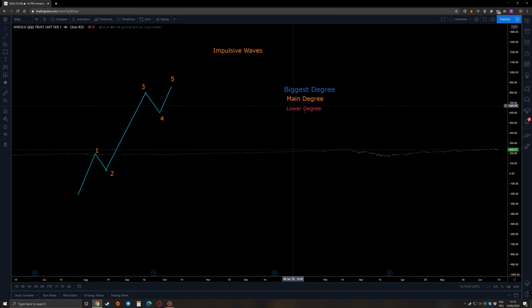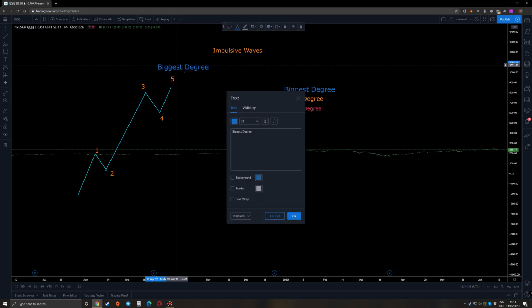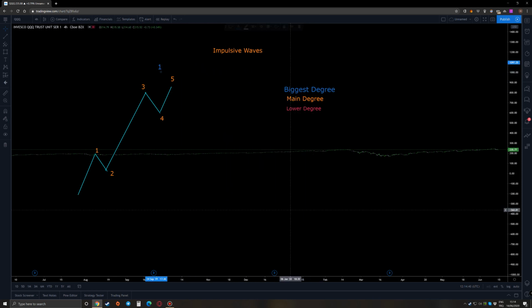So, if this is our main degree here, then 1, 2, 3, 4, 5 in the main degree, as you can see in orange, is good. Now, it means that 1, 2, 3, 4, 5 has to end something of the bigger degree here. So let's say this is 1. But look, it's the same idea.